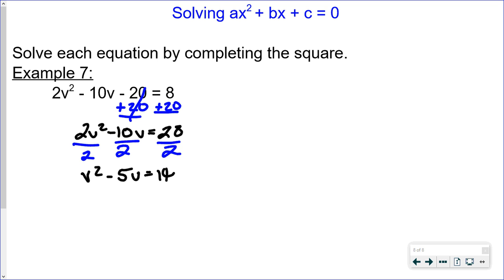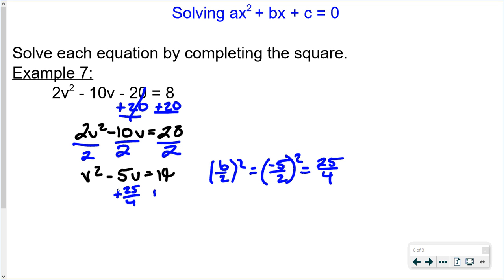Now we're going to find what b over 2 to the second power is. So it'll be negative 5 over 2 to the second, and that would be 25 fourths. All right. So add that to both sides.